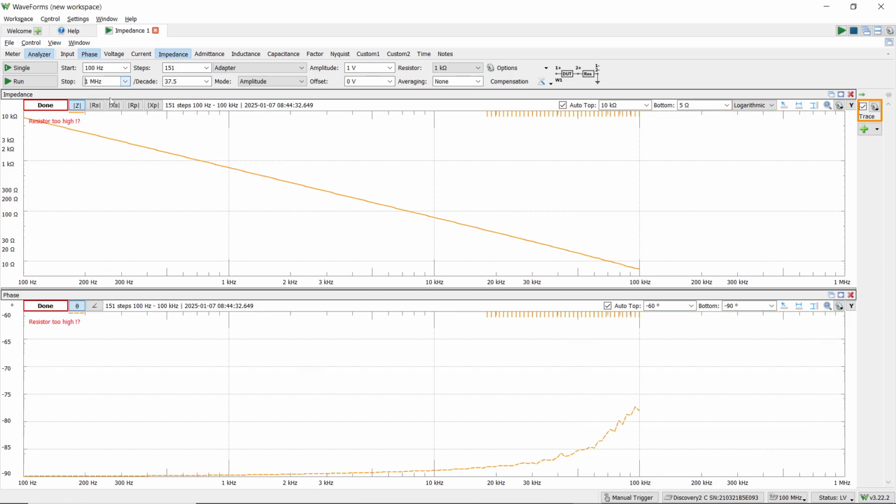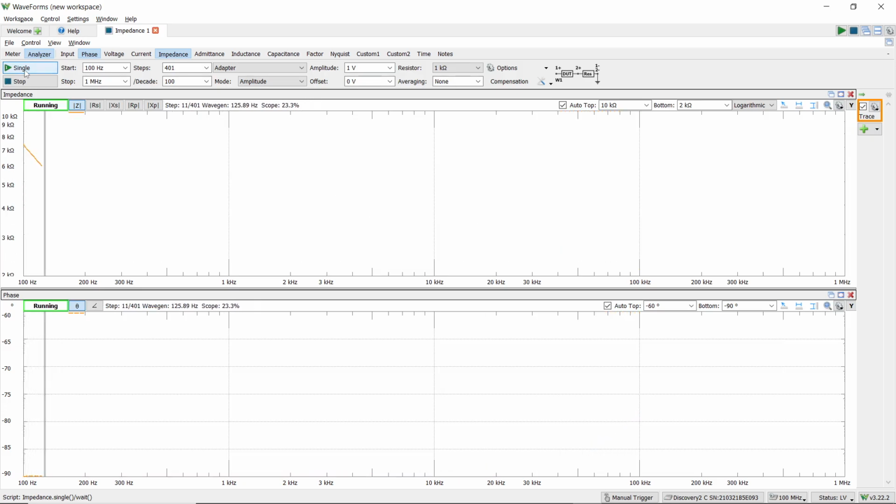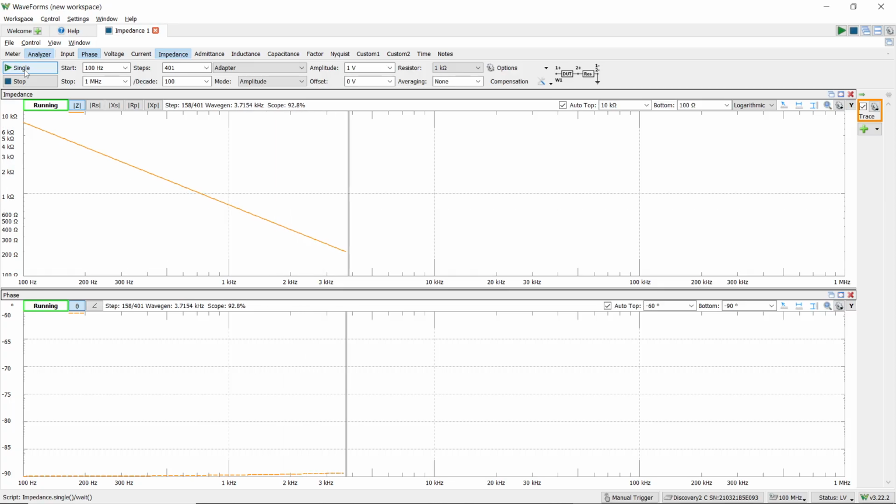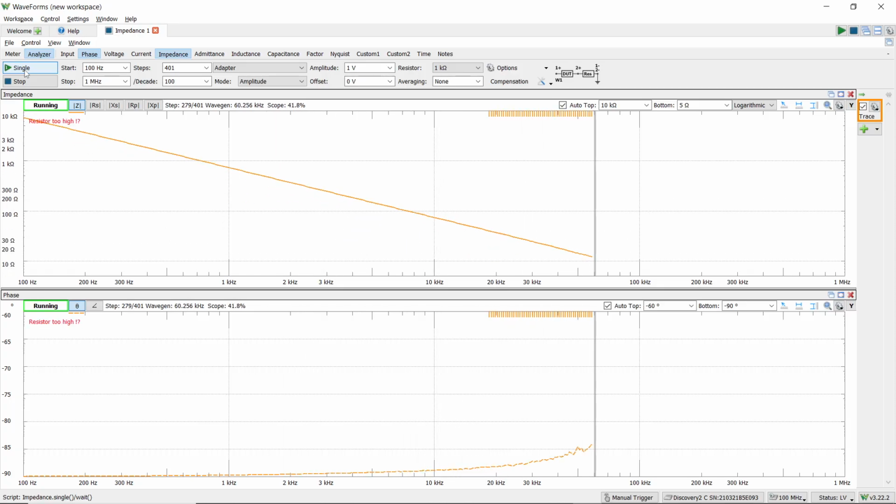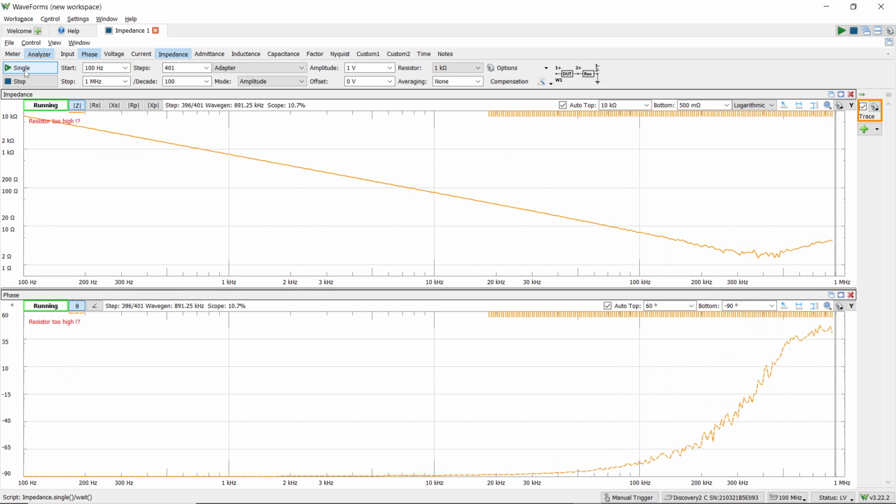If we increase the frequency, go from 100 kilohertz to 1 megahertz, and if I press this button once again, so impedance is going down with frequency, phase shift is minus 90 degree. But then we hit some minimum, and then the impedance is going up once again, and also the phase angle goes up. So why is this?